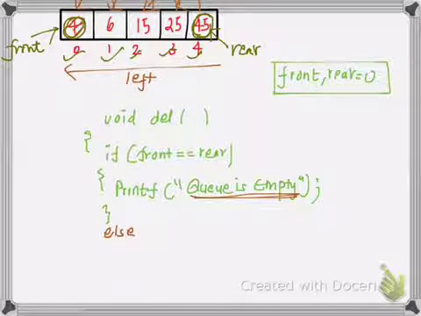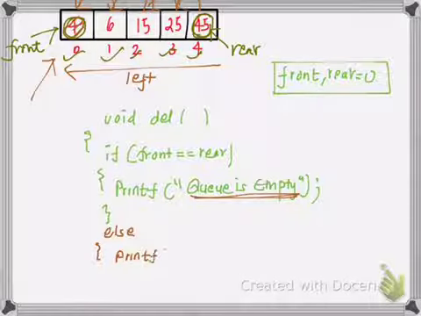Else, if it is not empty, if there are elements in the queue, as in this case, first of all we are going to print the item that is going to be deleted, and then we have to shift the data towards the left. So first of all, I'm going to print the data that is going to be deleted.